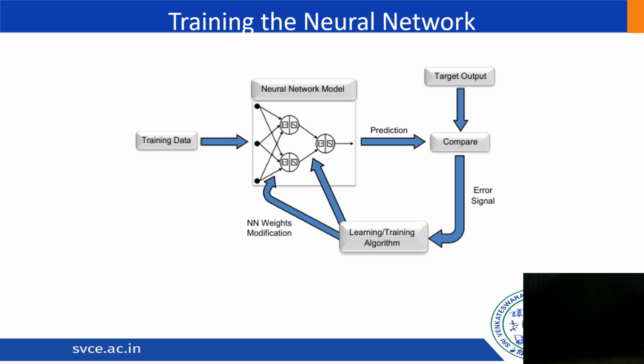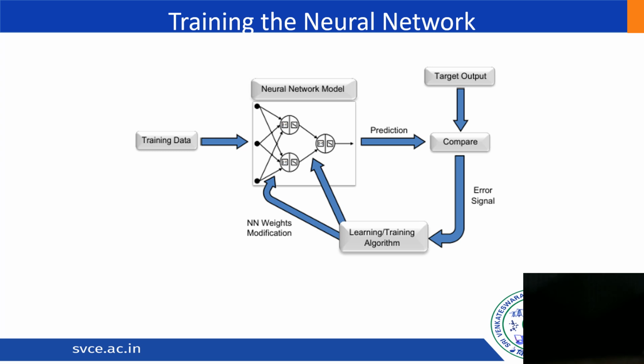In order to decide things, first we have to train the neural network. In a simple way, this is the training process that happens inside the neural network. In order to teach a neural network, you give it a lot of examples in the form of training data, just like the child looking at a lot of pictures. Initially, the network makes mistakes, but every time it makes a mistake, we tell it the right answer.